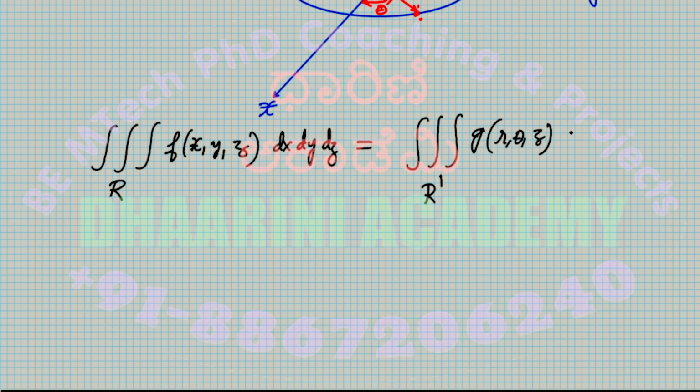So if I want to mark any point in space, I have to use this. Okay, now you see any point in space requires how many distances?